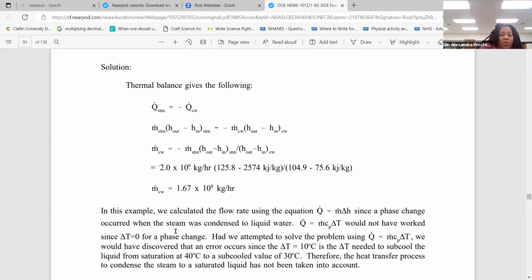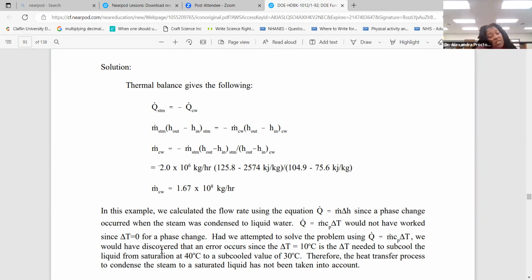So in this example, you're calculating the flow rate using the equation Q is equal to M delta H. The phase change occurred when the steam was condensed to water. Q is equal to MC delta T would not have worked, since the change in temperature is 0 when you have a phase change.